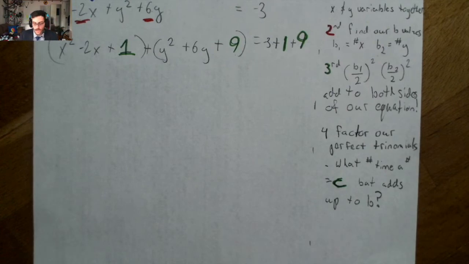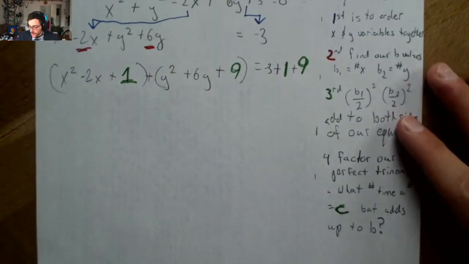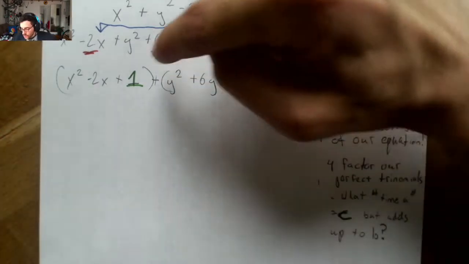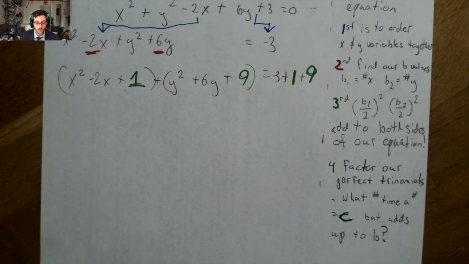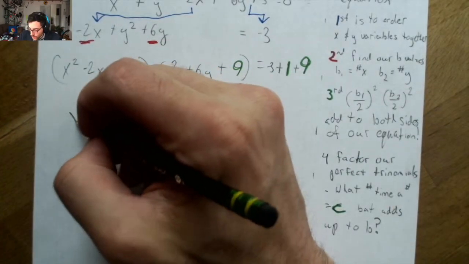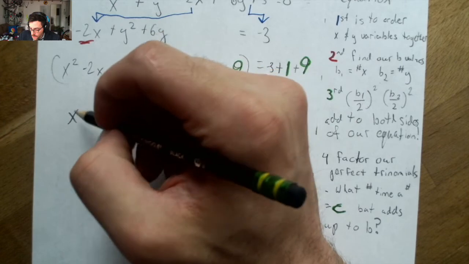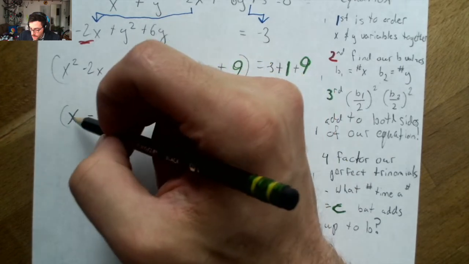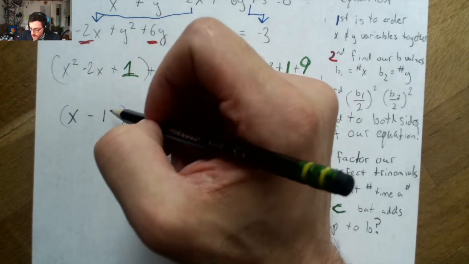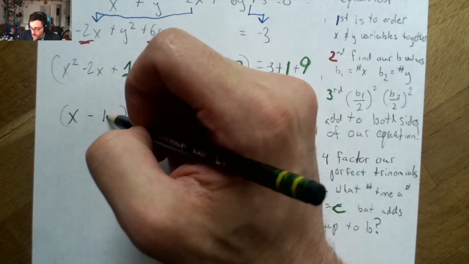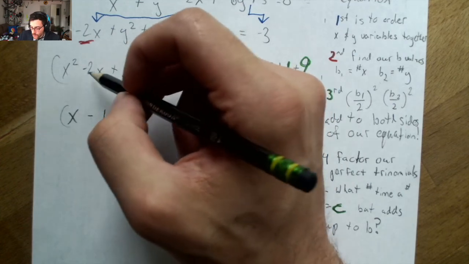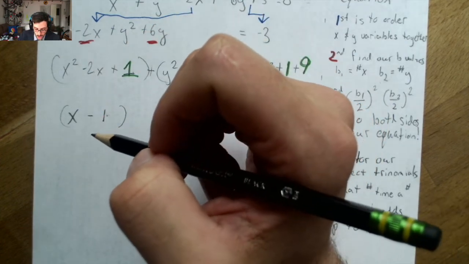And B, once again, is our red number. So you have to think about what number times what number equals 1, but if we add it together, equals negative 2. So the way that we would go about expressing this, x minus negative 1 times negative 1 gives us positive 1, but also if we add it together, negative 1 plus negative 1 gives us negative 2.